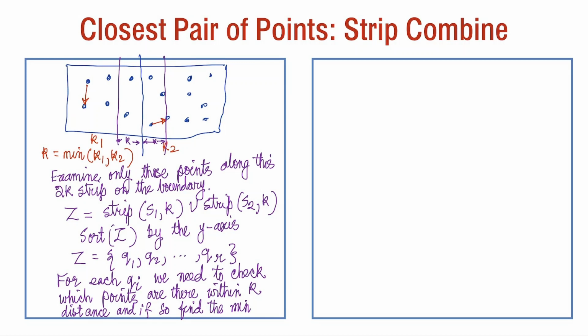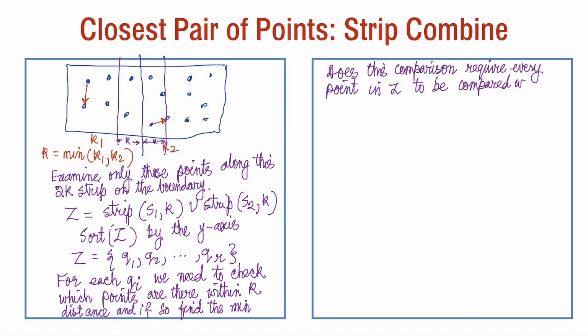Now this gives us a very interesting computation, which means that does this comparison require every point in Z to be compared with many, or order n, other points in Z?